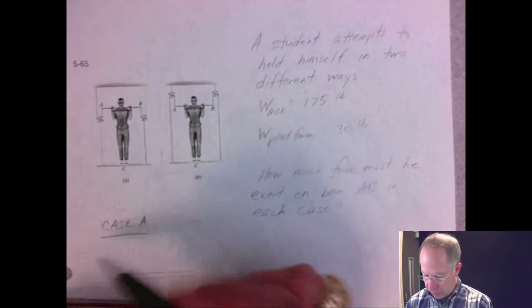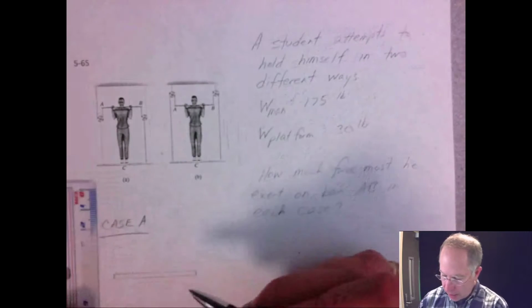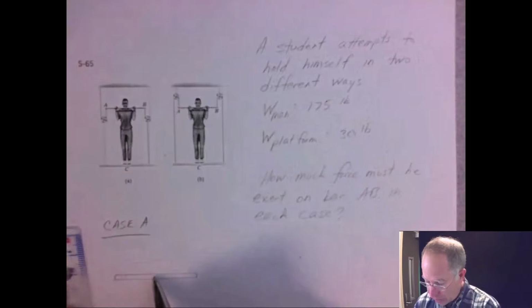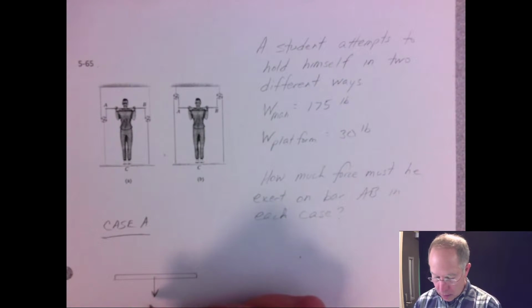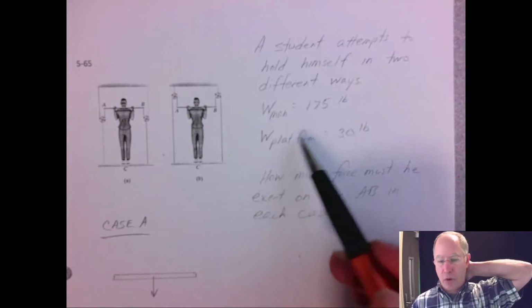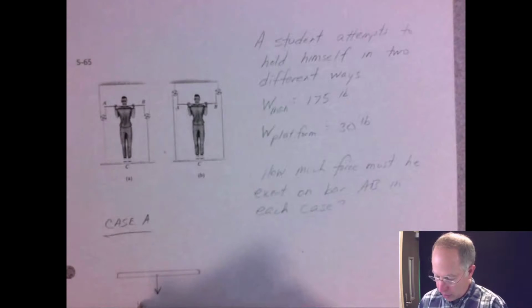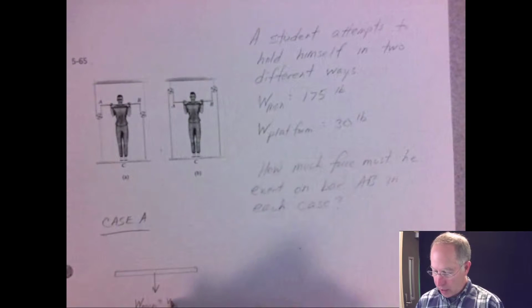So there's the platform, and it has a weight on it going down. The person has a weight and the platform has a weight. So this is actually the weight of the man, W man, plus the weight of the platform, W plat.